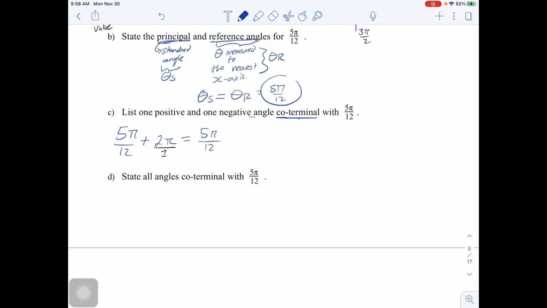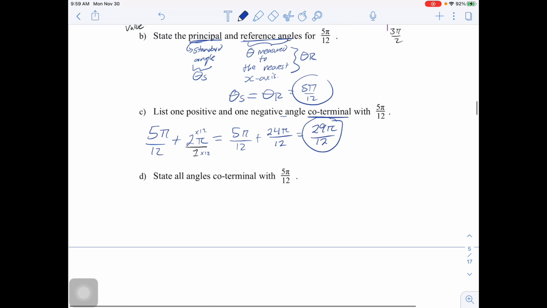To add fractions, you need common denominators, so I'll multiply this by 12 and this by 12. And I will end up getting 2 times 12, which is 24 pi, over 1 times 12, which is 12. And now you have common denominators, so you can all put it over one denominator. So 5 pi plus 24 pi, since they both have pi's, they are common terms. So 5 plus 24 gives me 29 pi.